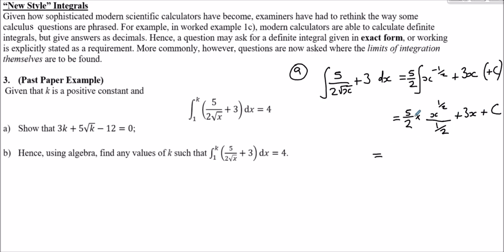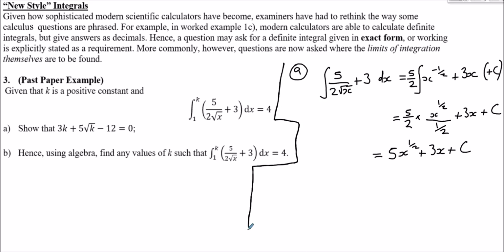So 5 over 2 times this. Basically, if you're dividing by a half, I would think of that as the same as multiplying by 2. So 5 divided by 2 times 2, I'm just going to get 5x to the positive a half, plus 3x, plus c.